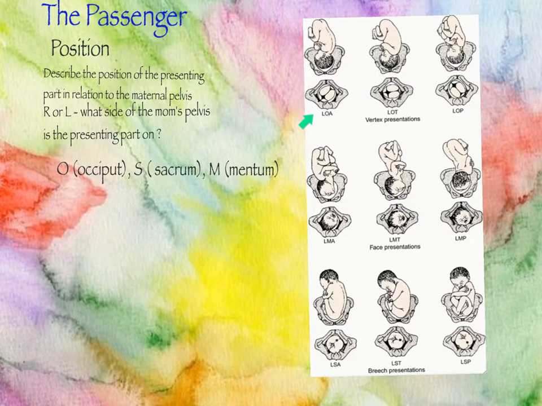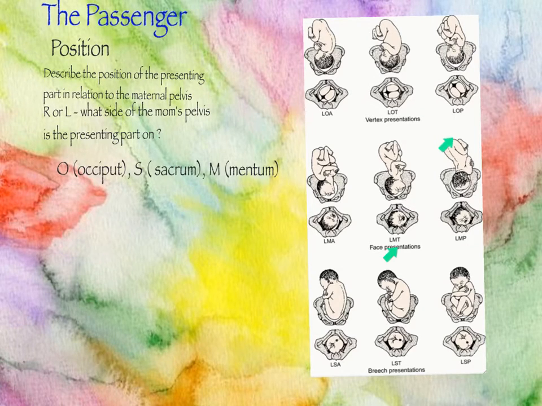It's going to be the way that makes the most sense spatially. Other presentations don't work as well. Here is your mentum presentation, or your face presentation, and you can see how tight a fit that is. Now again, depending on which way the baby's chin is pointing, you might get the baby to come down a certain way, but it's almost impossible to get a whole baby out of here when their heads are hyperextended like that.